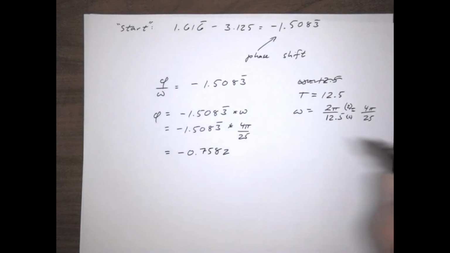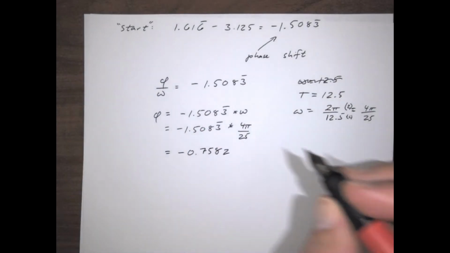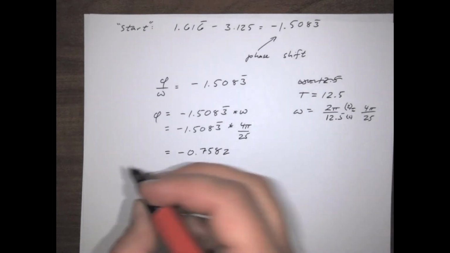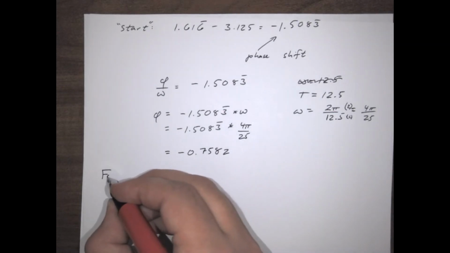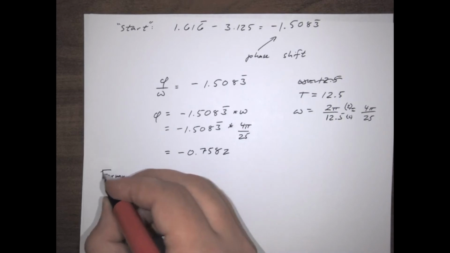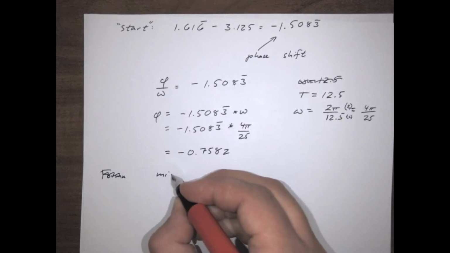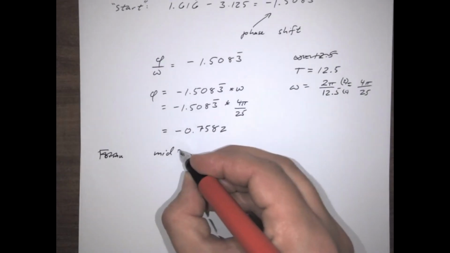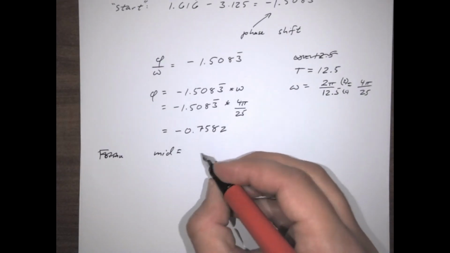Okay, so then that gives us altogether our formula. Wait, we didn't find the midline yet. So the midline is equal to the max plus the min divided by 2.